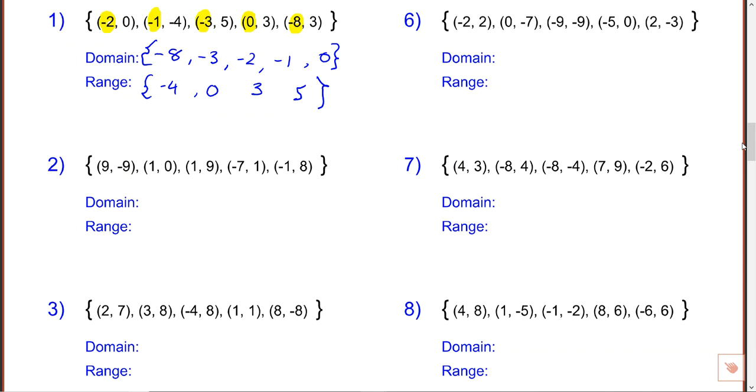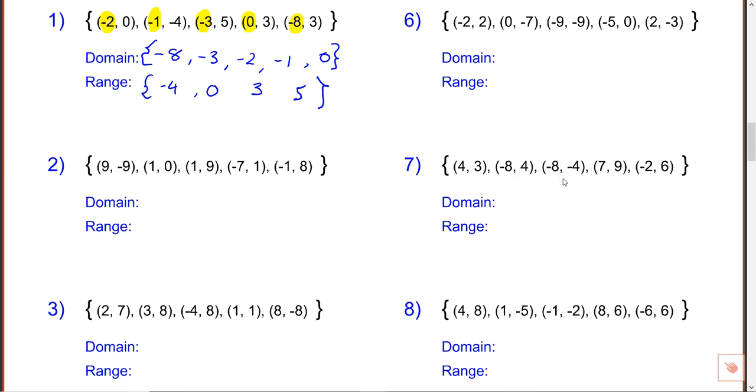Are there any there that definitely can't be a function? 7 can't be a function because there are two -8 values that give two different answers.